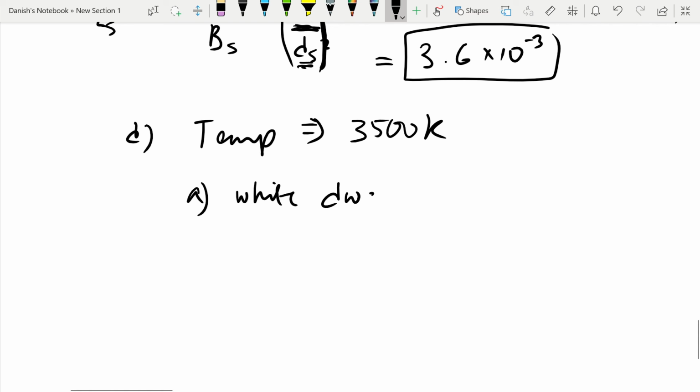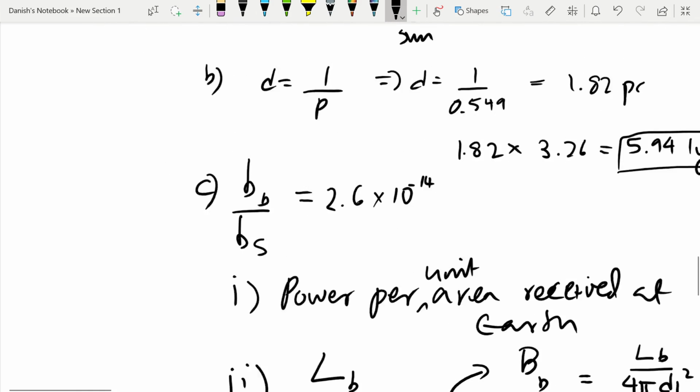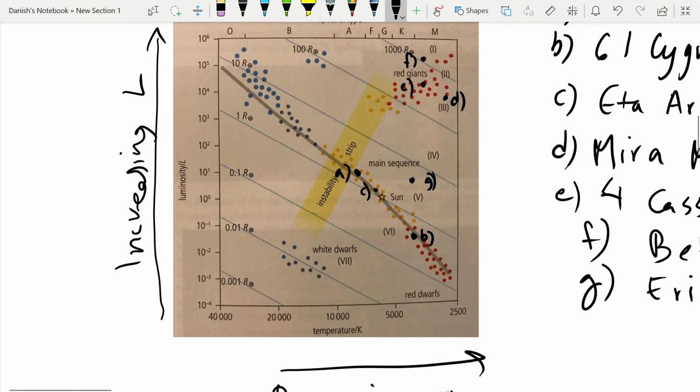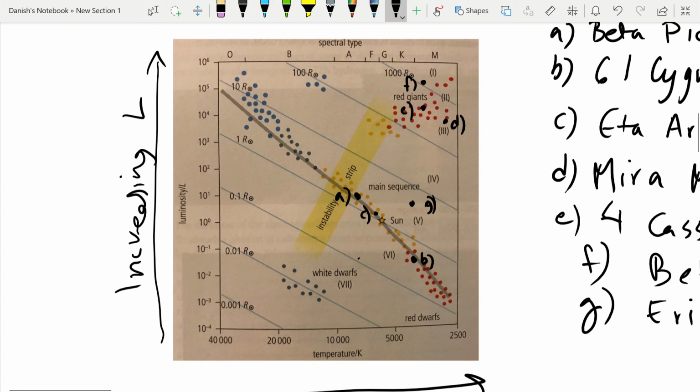Why is it not a white dwarf? Well, if we go back to our diagram, here, we see that white dwarfs are hot. Look at this range. And our star is somewhere over here. It's not hot enough to be a white dwarf, right?